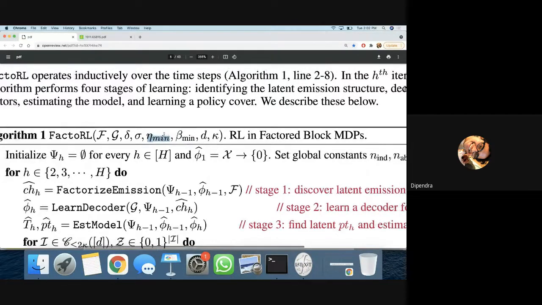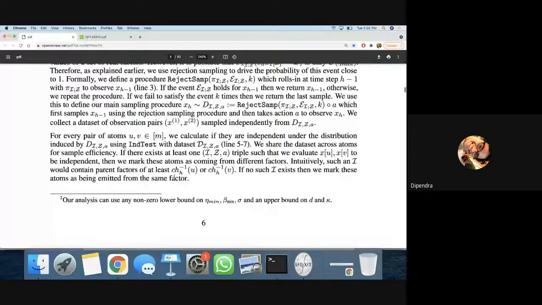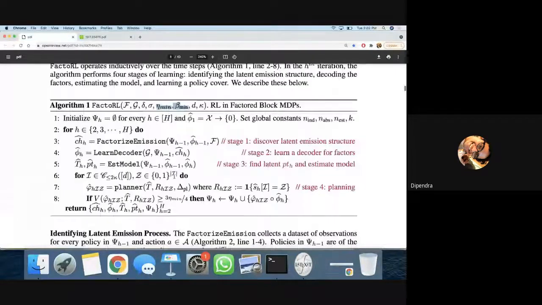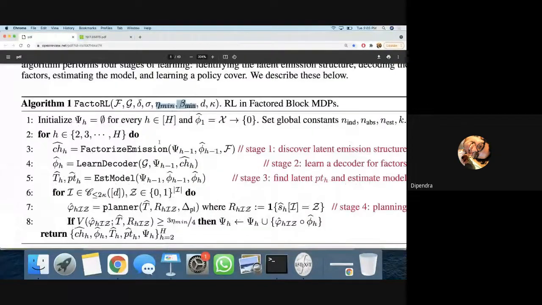So I think both eta and beta min, I would say these two dependencies are somewhat harmless, if I could dare to say that, because they are only used to set sample complexity bounds. Even though we write these things, in practice people don't really set those bounds the way they're written.